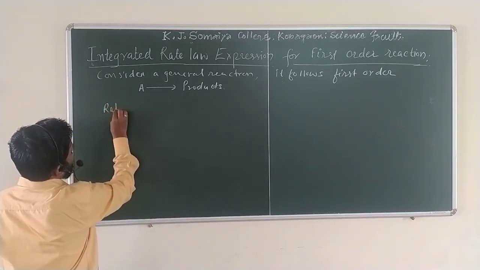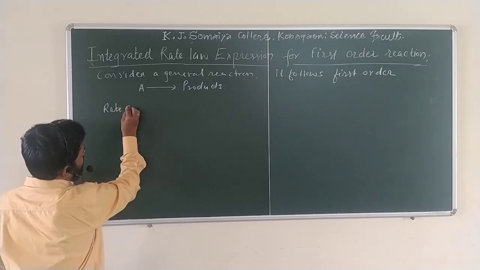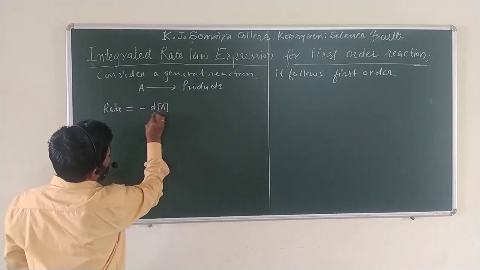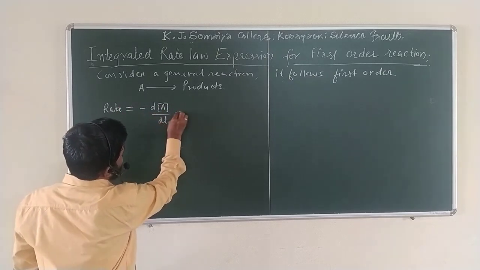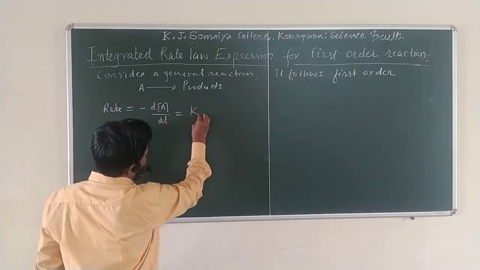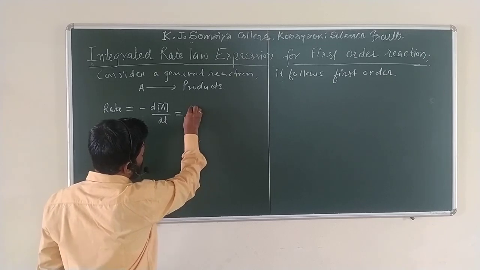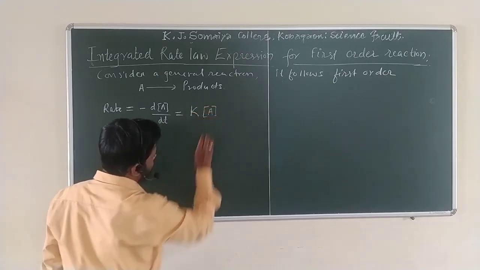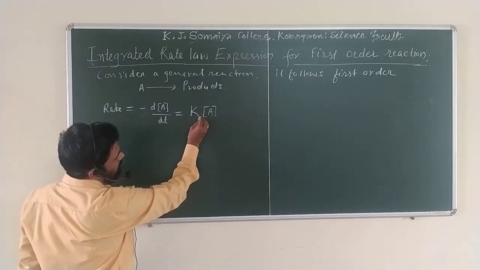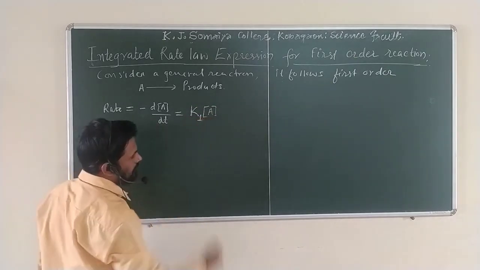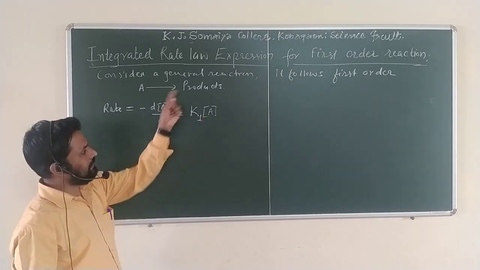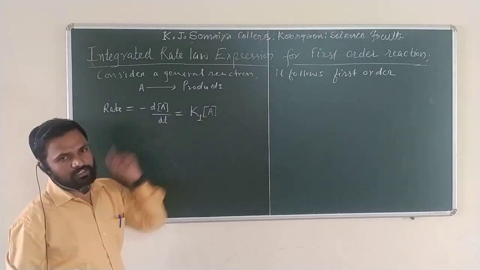Rate equal to minus dA upon dt is equal to K1 times the concentration, where K is the proportionality constant. Here I put K1. I hope you understand why I am writing K1: the subscript 1 indicates the rate constant for the first order reaction.